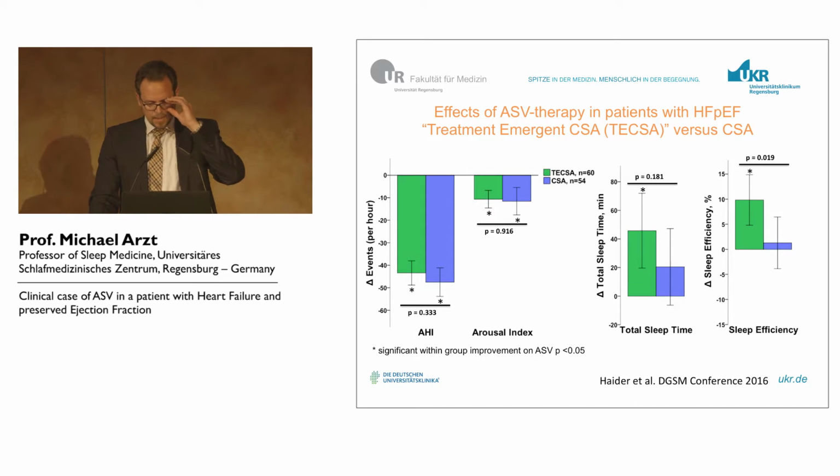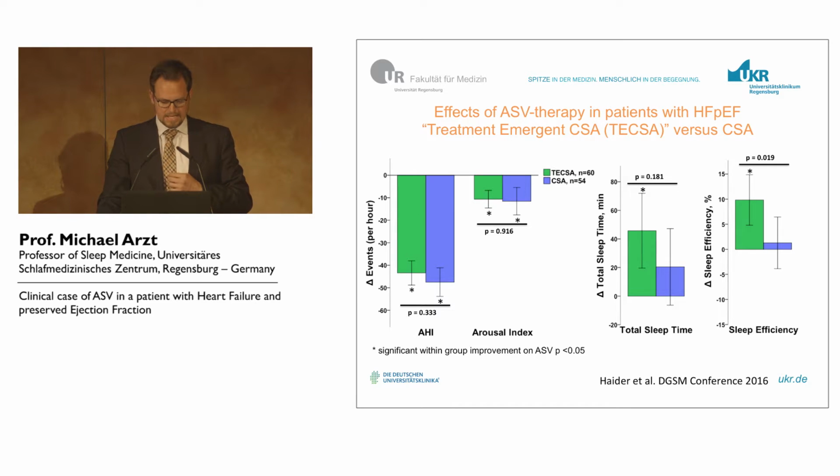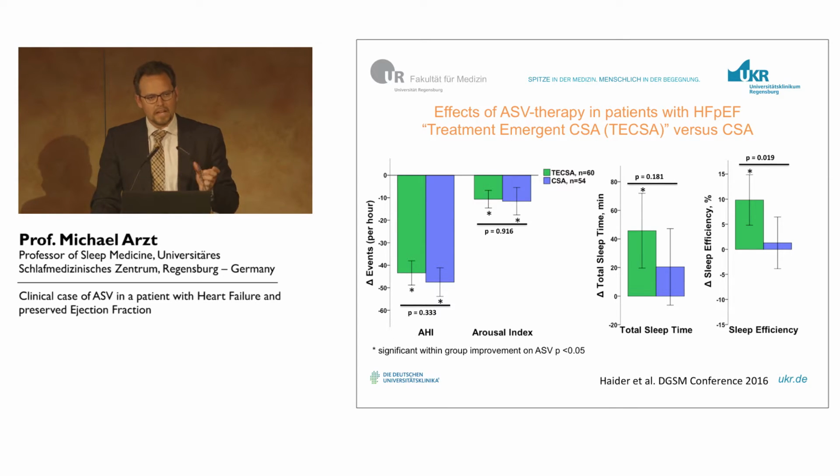For adaptive servo-ventilation, I see the most important target population in the future are the patients, in my opinion, with preserved ejection fraction, either with treatment-emergent CSA or with central sleep apnea from the beginning. And we made a retrospective comparison of how ASV can affect sleep quality in these patients.